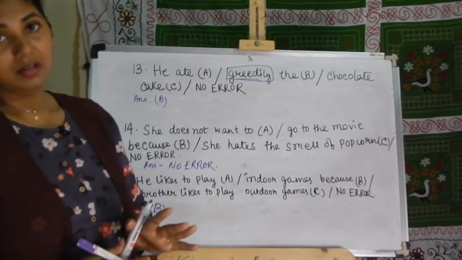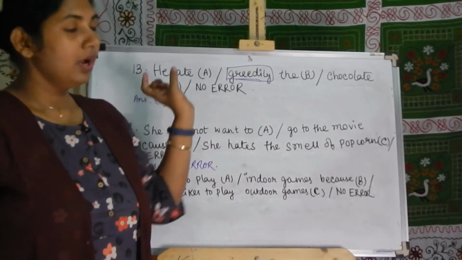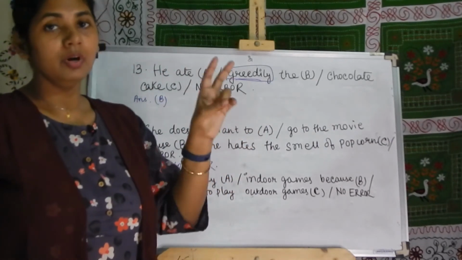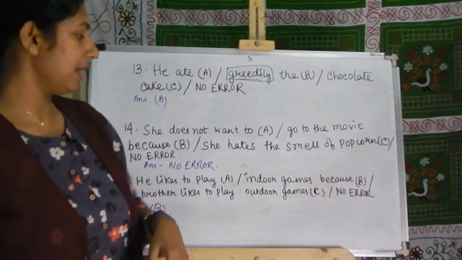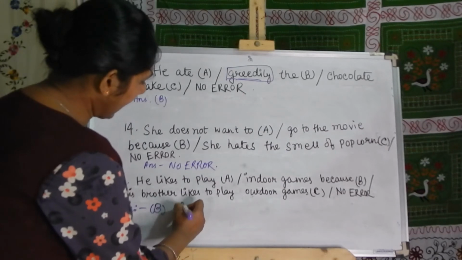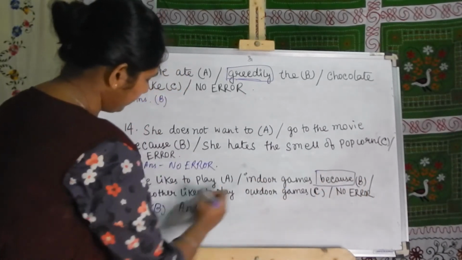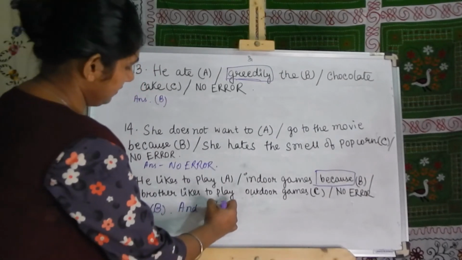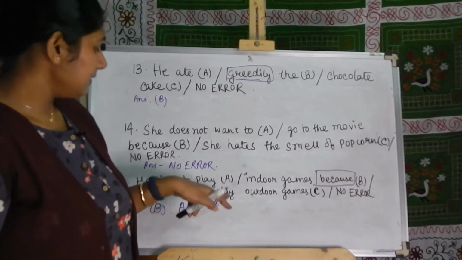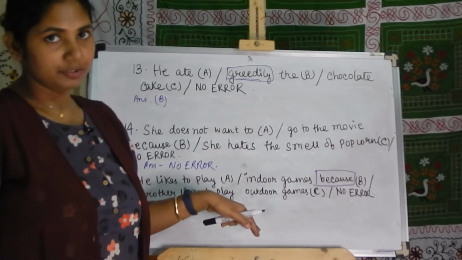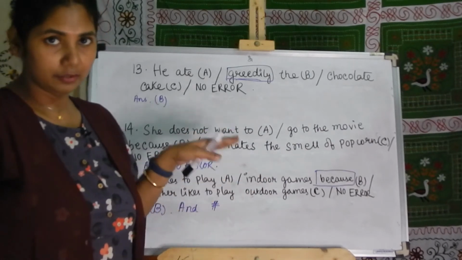Because is a subordinate conjunction which is used to connect two dependent clauses. So instead of because, you have to write here and. So and is a coordinate conjunction which is used to connect two independent clauses.